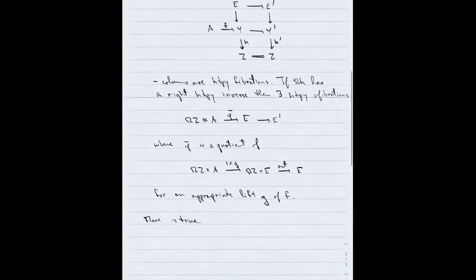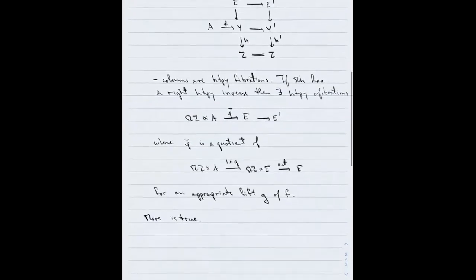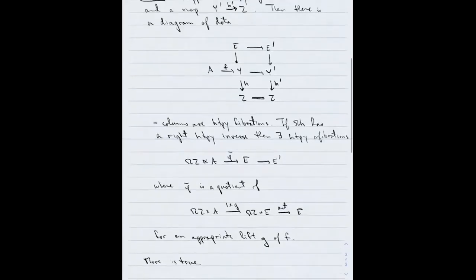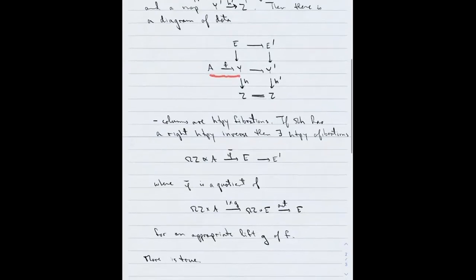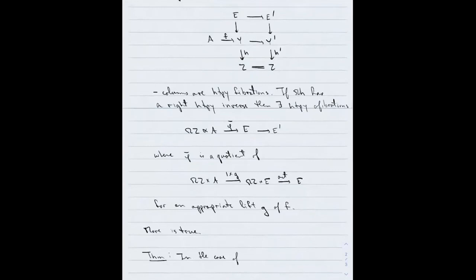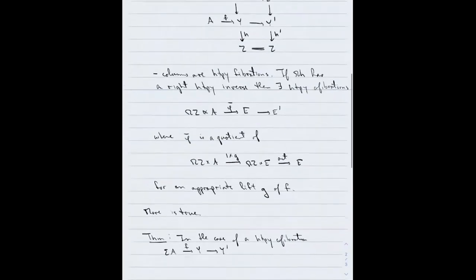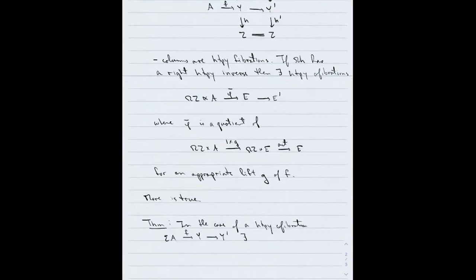And we'll talk today about more being true in a special case, when your cofibration starts not from a space A into a space Y, but from a suspension into Y. So in the case of a homotopy cofibration from suspension A into Y with cofiber Y prime, you get a homotopy commutative diagram.